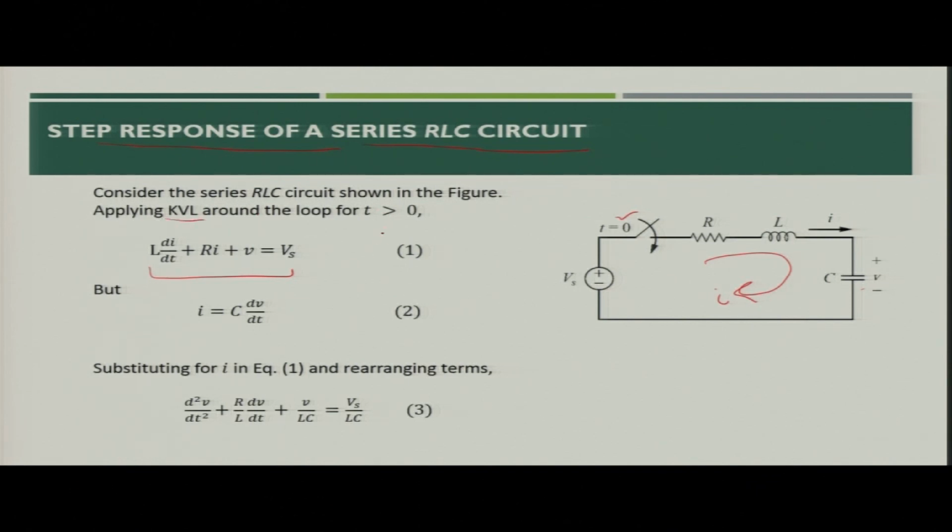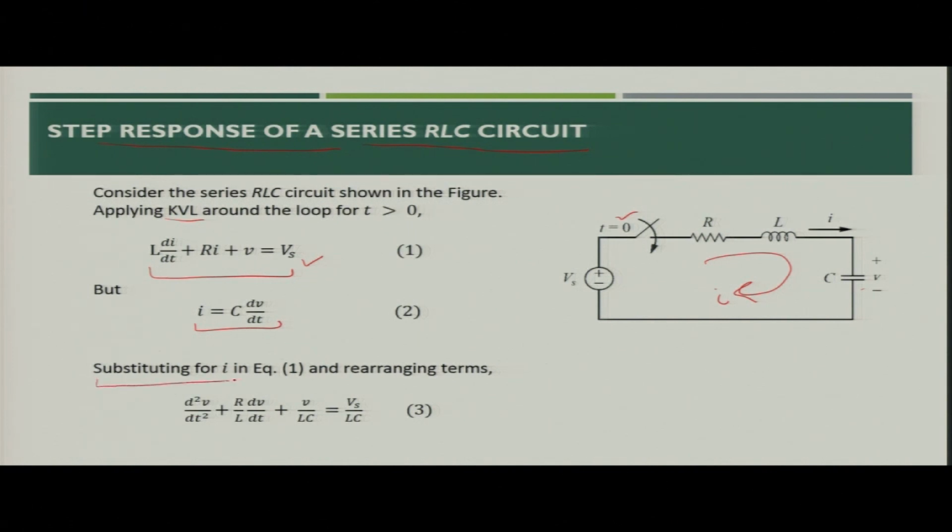When you apply KVL at time t greater than 0, the moment you close the switch, you get L di by dt plus R I plus V, the voltage across the capacitor, equal to the external voltage source V s. Now, you know that I is nothing but C dV by dt, so you can put the value.